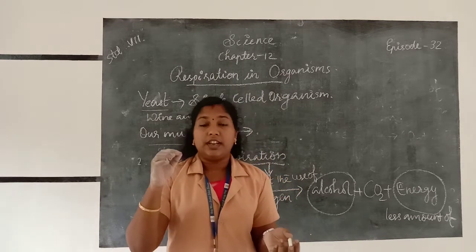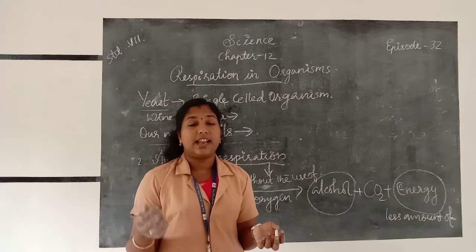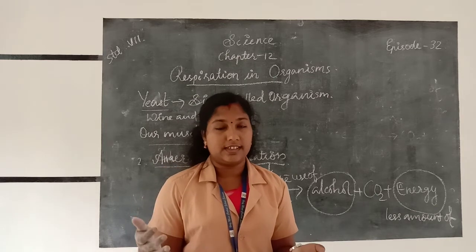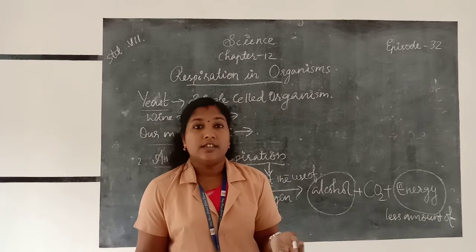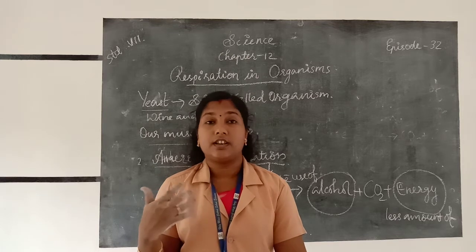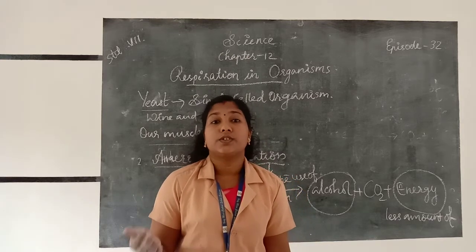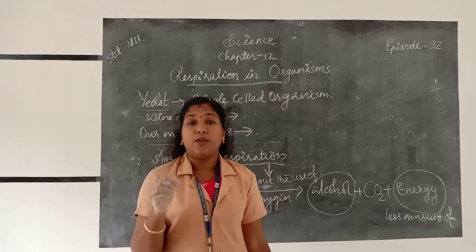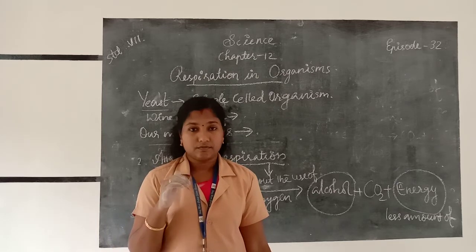Then we know that we need a high amount of energy for doing cycling, etc. And also at that time we do not get a proper amount of oxygen, and also we do not get a proper amount of energy for balancing our body.